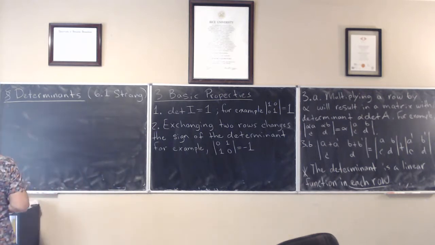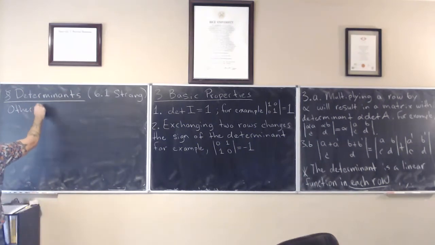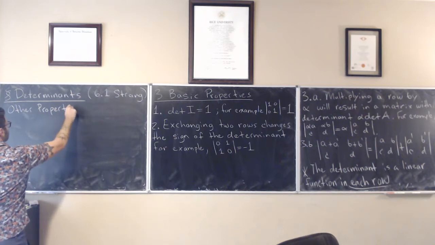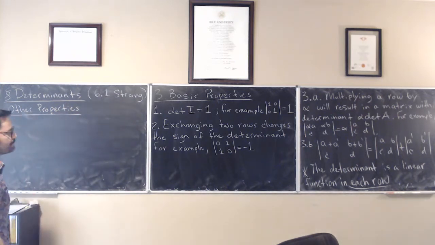Okay. All right, so now, maybe I should say the other properties that we can derive using the basic ones. All right, so we're on property 4.